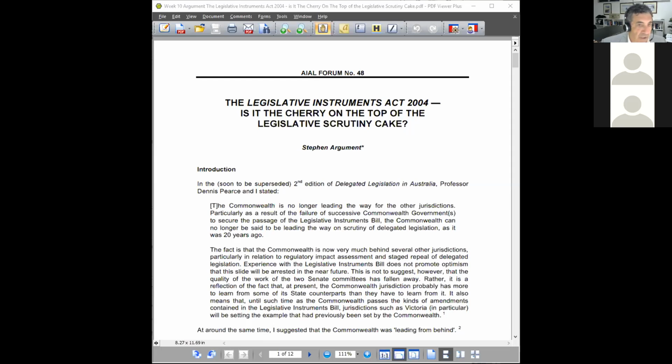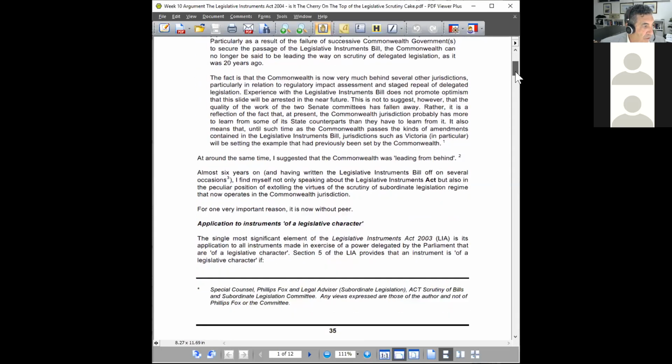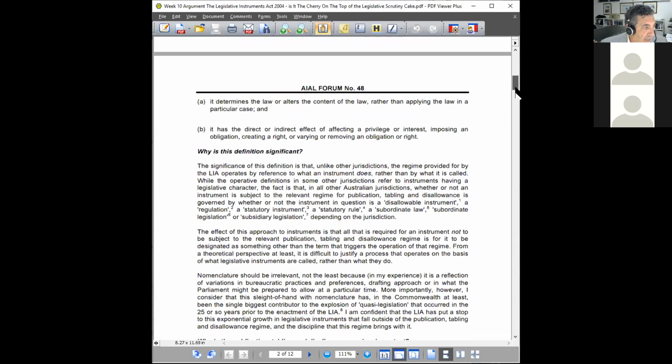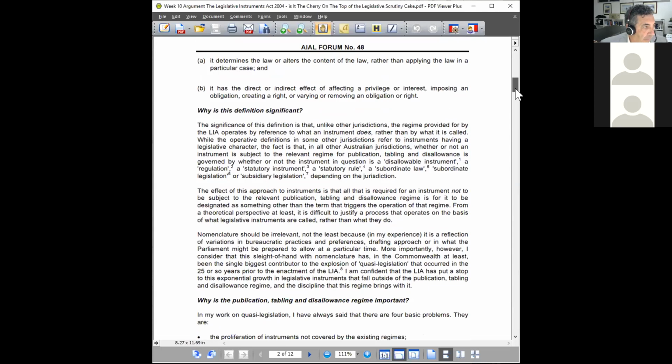The introduction provides an outline of what this is all to do with, and it applies to instruments of a legislative character. The part that deals with definitions and the significance of that is also important and provides a critique that you might want to consider as well.